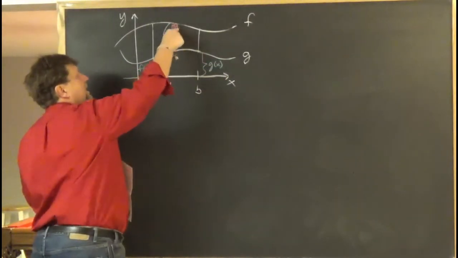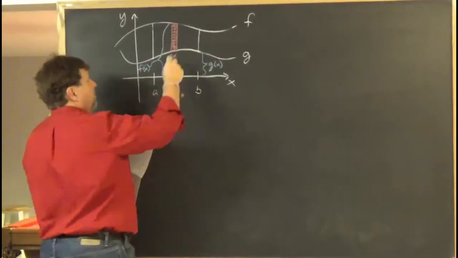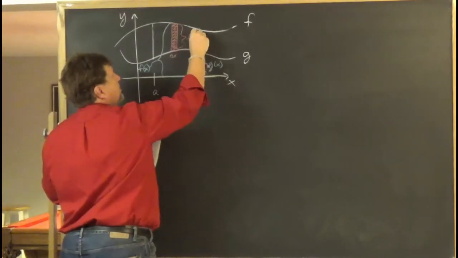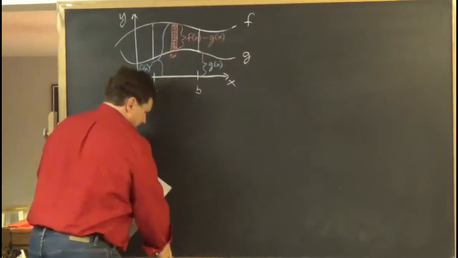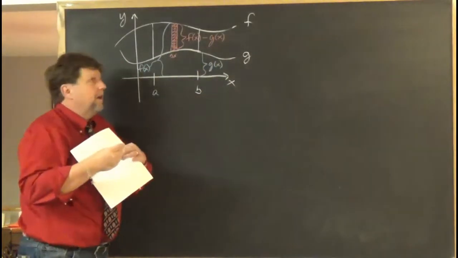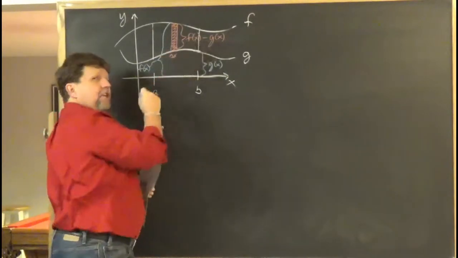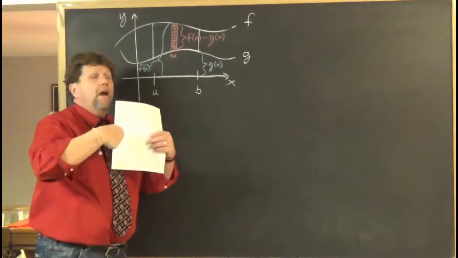So that means this distance here, the height of the representative rectangle, must be simple subtraction, f of x minus g of x. And so the area of this representative rectangle would be f of x minus g of x, its height, times delta x.